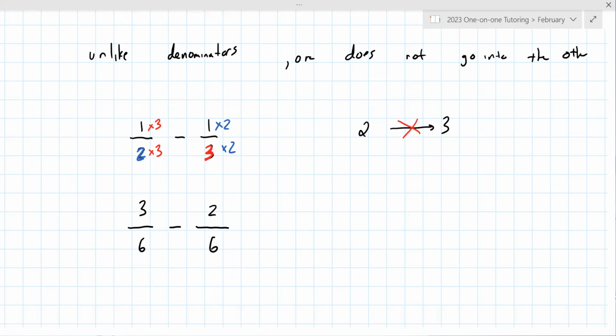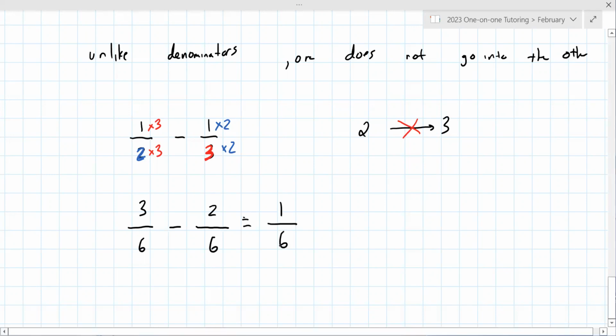Okay, I got it all written down. So we want to subtract here. So this becomes 1/6.